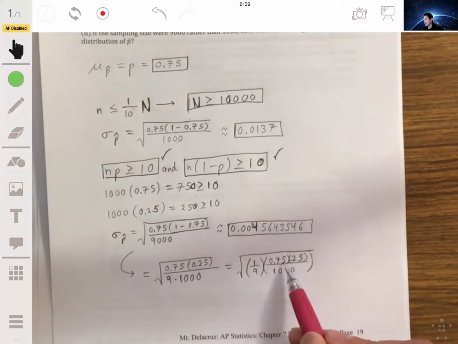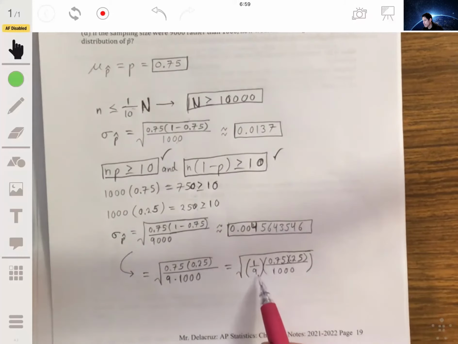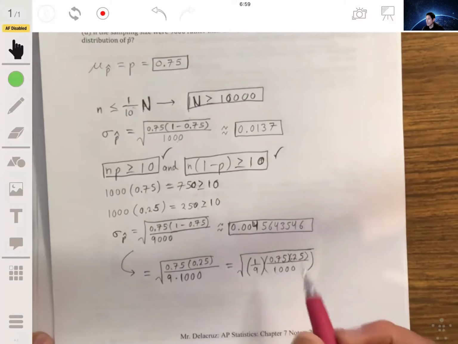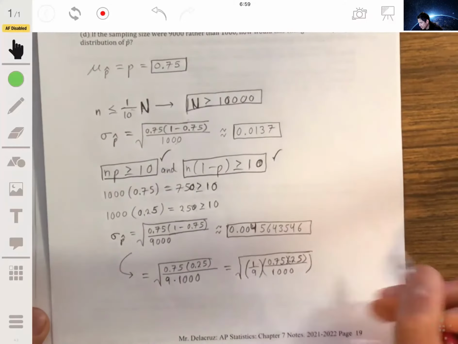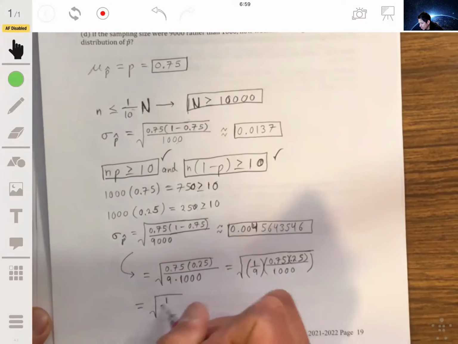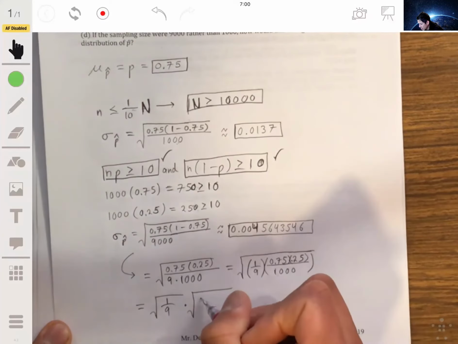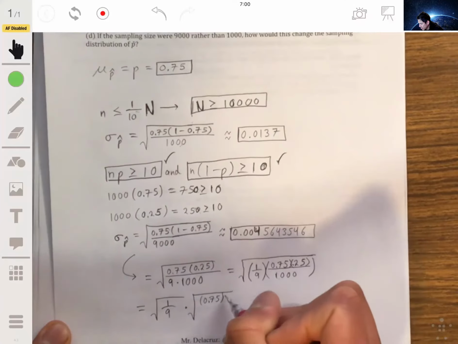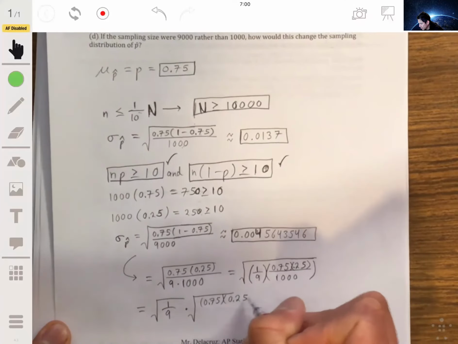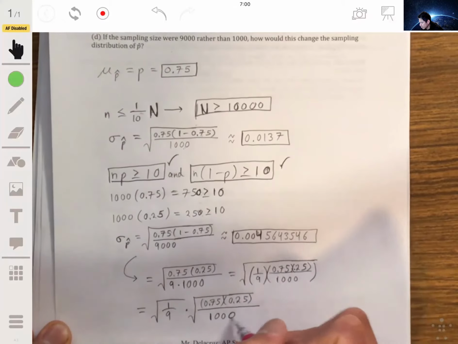So 0.75 times 0.25 we have there, times 1, it doesn't change it. In the bottom, we still have 9 times 1,000. And this can be rewritten as the square root of 1/9 times the square root of 0.75 times 0.25 over 1,000.